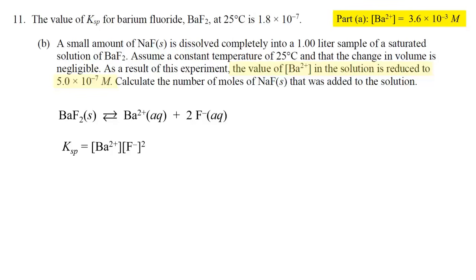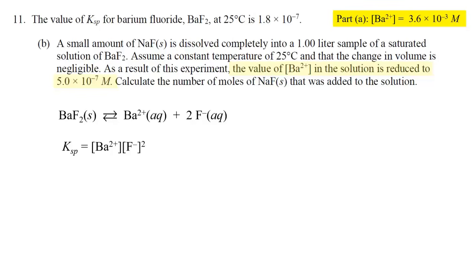So if you compare, you can see in the upper right corner of this slide our answer to part A. The concentration of the barium ion was 3.6 times 10 to the negative 3 moles per liter, and now it's been reduced to 5.0 times 10 to the negative 7 moles per liter.